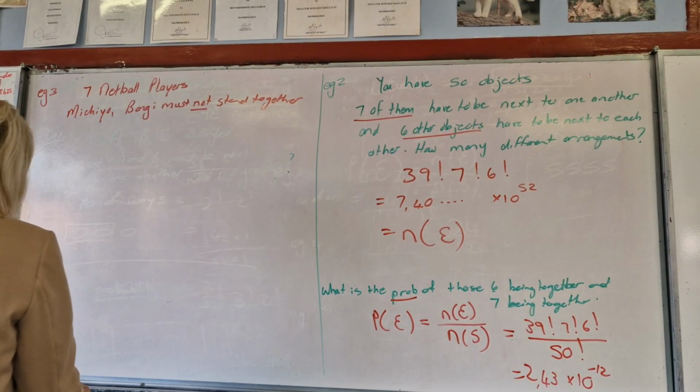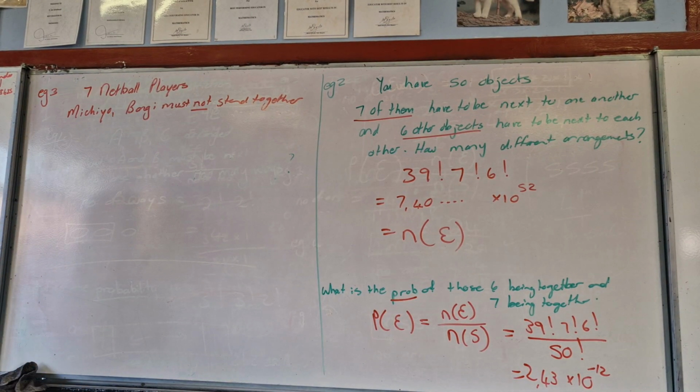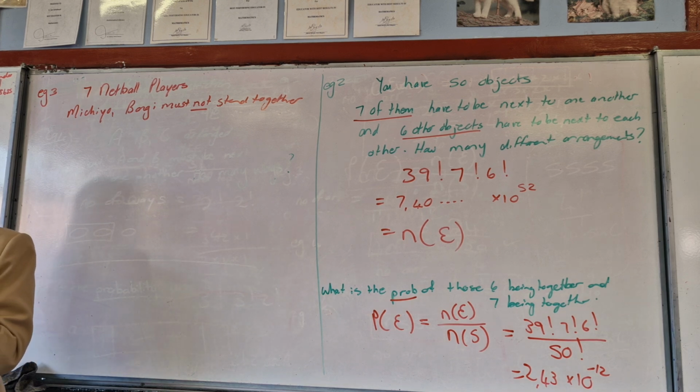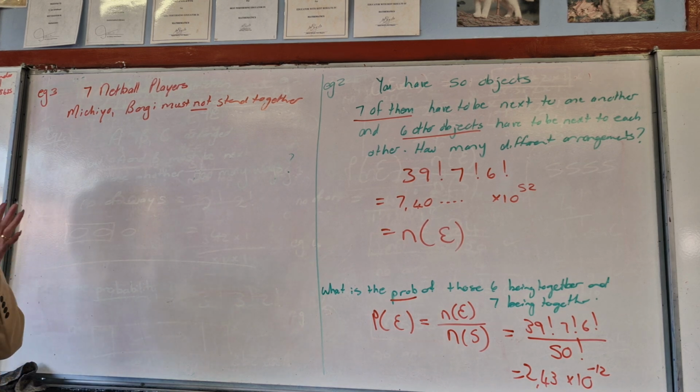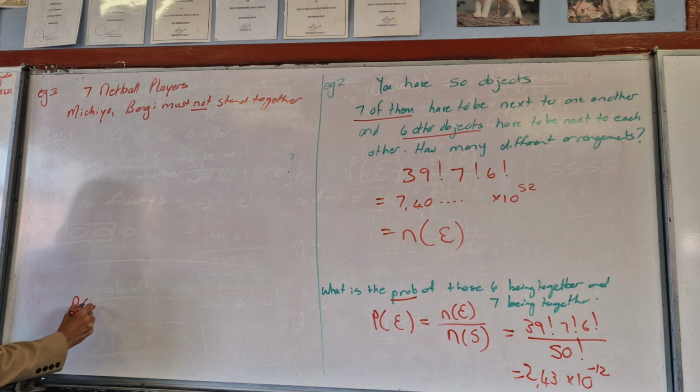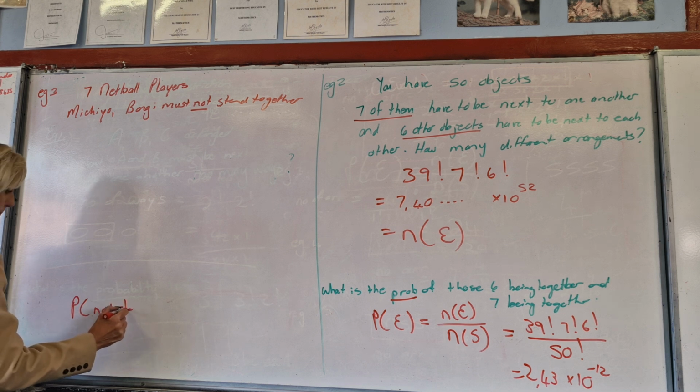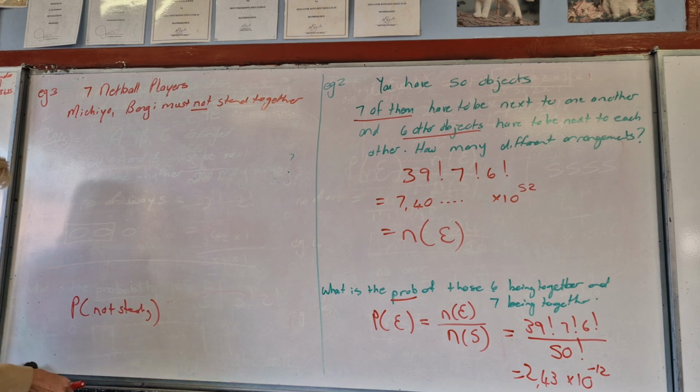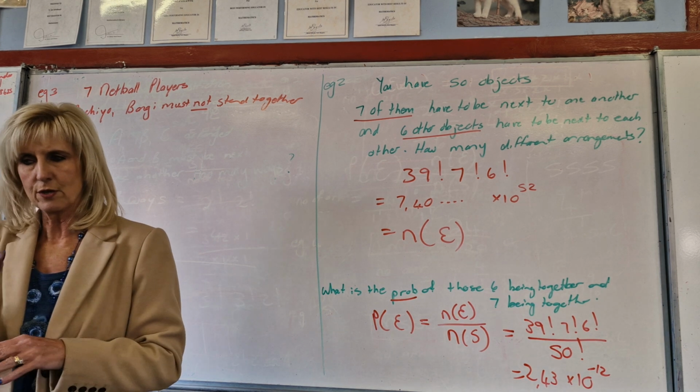Alright, let's get into a sum where I'm saying I want to take a photo of 7 netball players, but for some or other reason, Michio and Bongi must not stand together. What is the probability of them not standing together? So first of all, those are again 2 things.